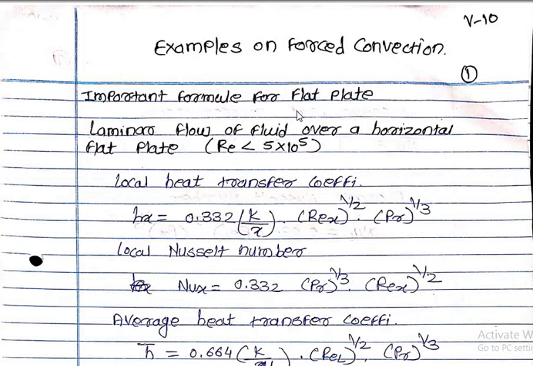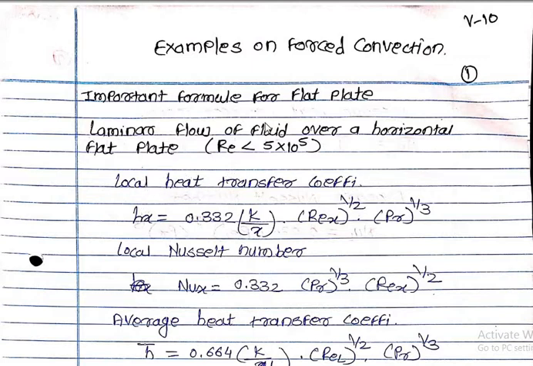In case of a flat plate, laminar flow will be considered if the Reynolds number is less than 5 into 10 raised to 5, and turbulent flow will be considered if the Reynolds number is greater than 5 into 10 raised to 5. We have seen the correlations for laminar flow and turbulent flow. For revision purposes, I have provided this data.